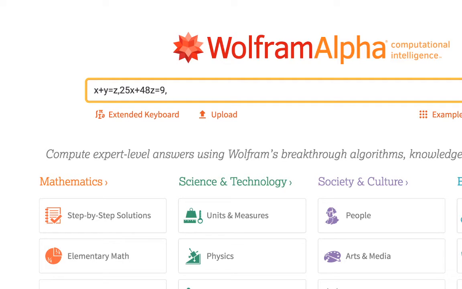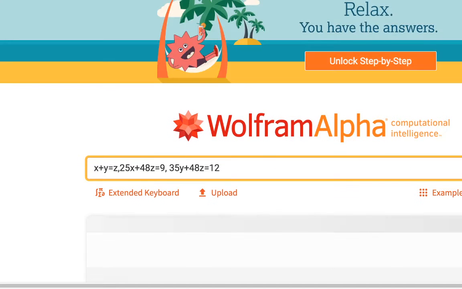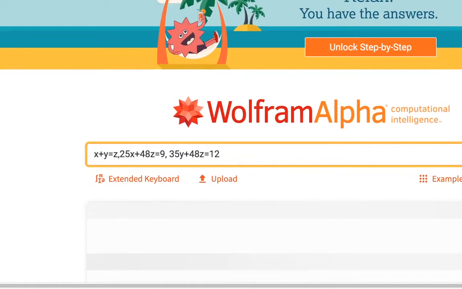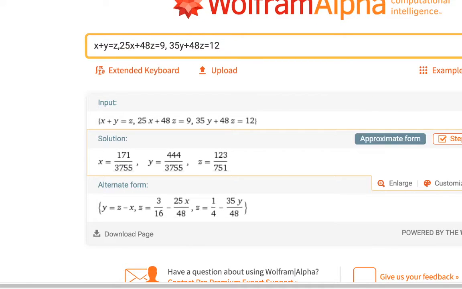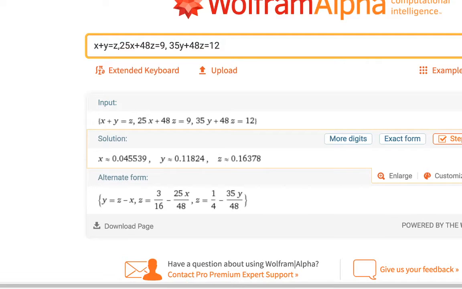And our third equation, 35I2, so 35y plus 48z equals 12. Wolfram Alpha will solve that system of simultaneous equations for us exactly and give us a bunch of fractions. We could poke them into our calculators ourselves or just ask Wolfram Alpha for the approximate form.